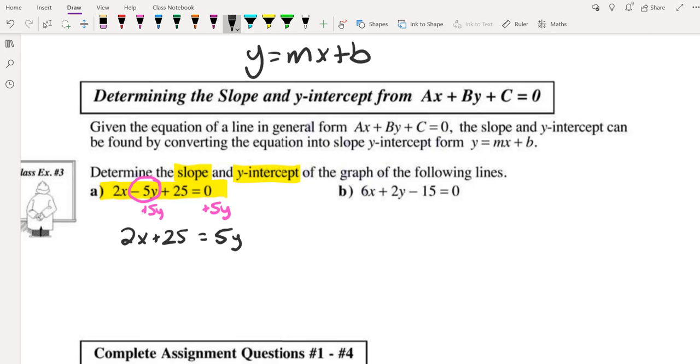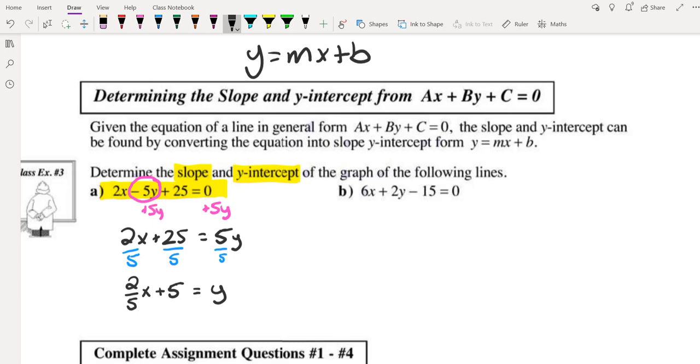We need to get rid of the coefficient in front of the y, so we're going to divide by 5. With dividing, we have to divide everything by 5. And we're left with 2 over 5 x plus 5 is equal to y.